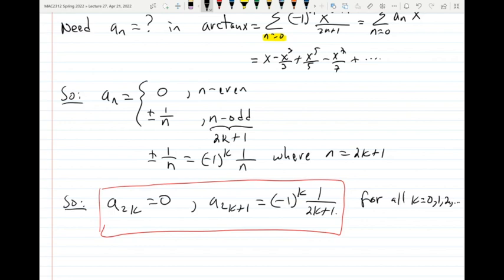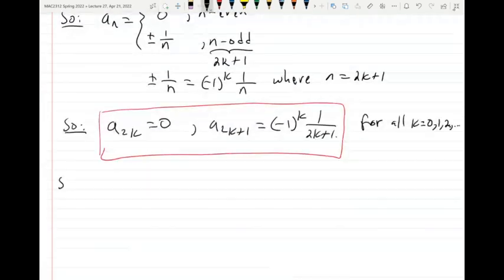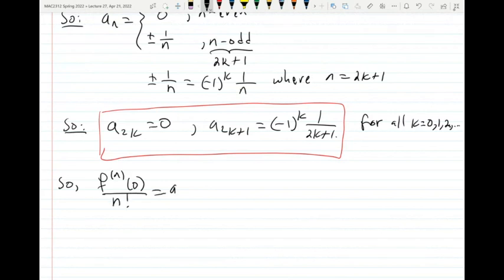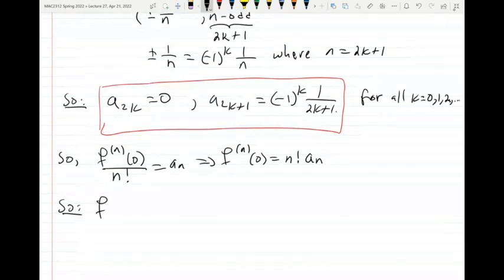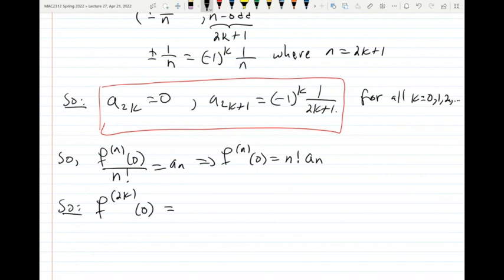So now that we have the formula, we can easily answer the question. We know that the nth derivative evaluated at 0 over n factorial equals an. So from here it follows that the nth derivative of arctangent evaluated at 0 is going to be n factorial times an in this case. If you have an even derivative evaluated at 0, what would this be equal to? 0, because you're going to put here a 2k.